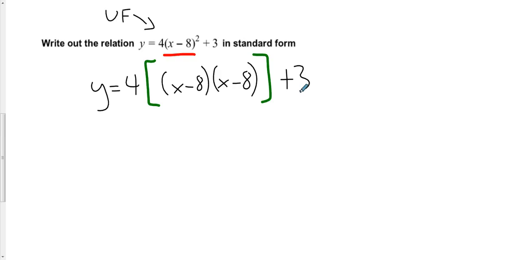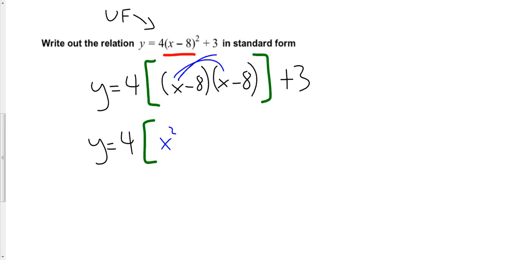Now that we've expanded that out a little bit, we have to simplify this middle piece, x minus 8 times x minus 8. To do that, we're going to multiply through using our FOIL pattern. So y is equal to 4, and again we'll keep this piece in brackets. We use FOIL to multiply the x times the x, which gives us x squared.